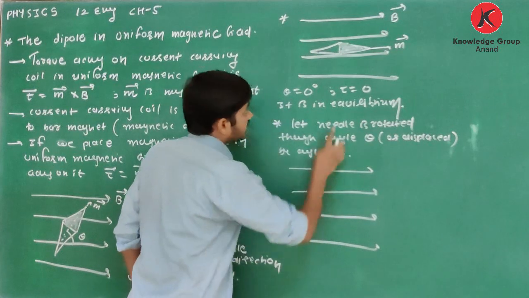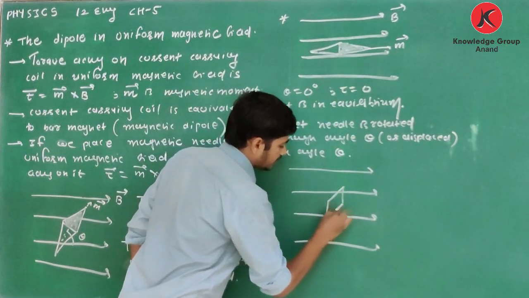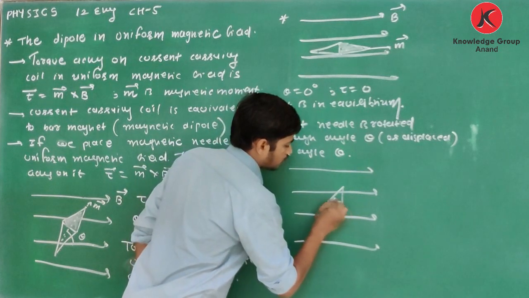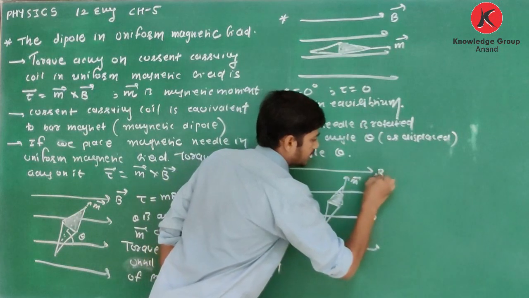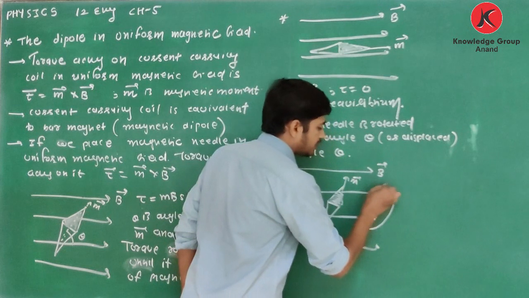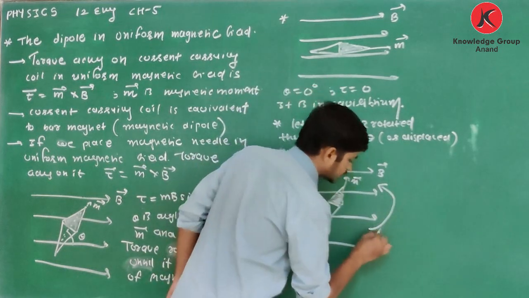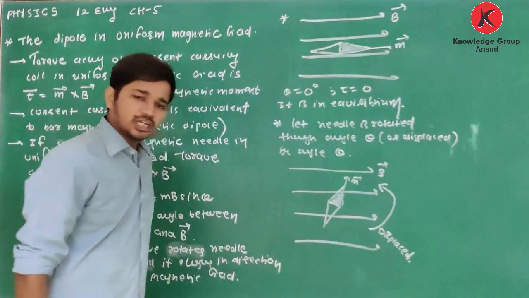From this equilibrium condition, the needle is rotated by angle theta, like this. Here it is M and here it is P. So the displacement of the needle is in this direction. Clear about this?